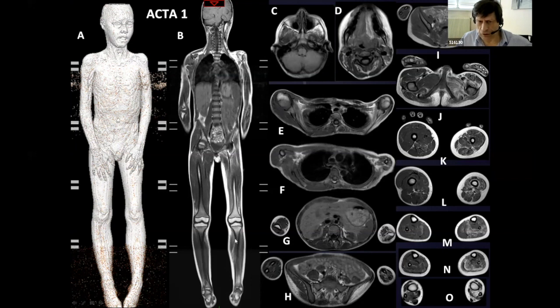There are morphological adaptative modifications in bone. The femur is more fatty replaced and is atrophic compared to the right femur.